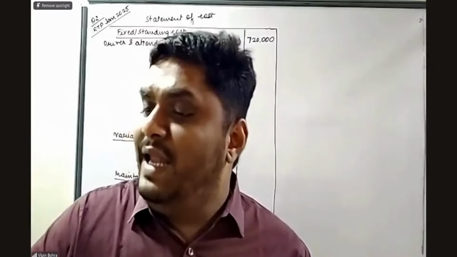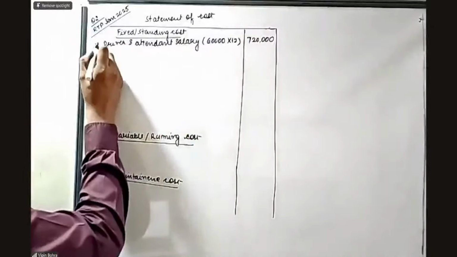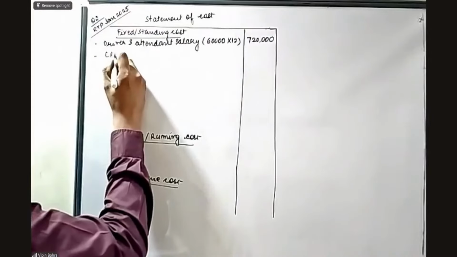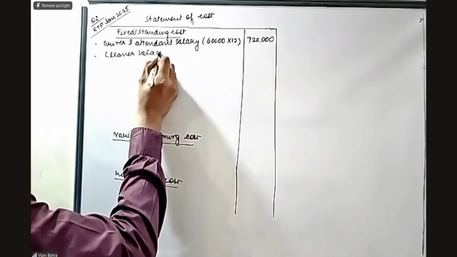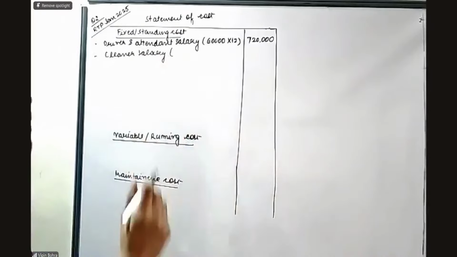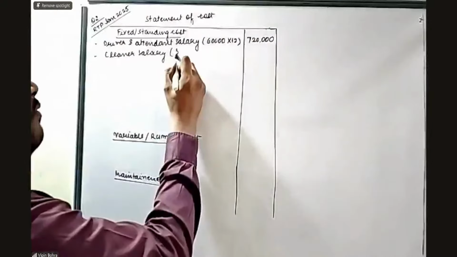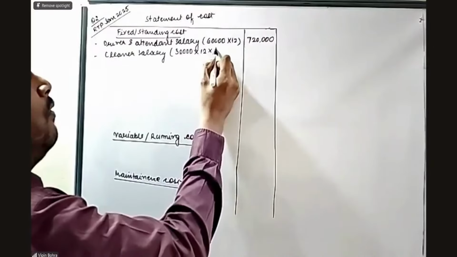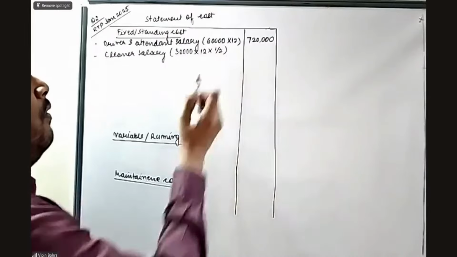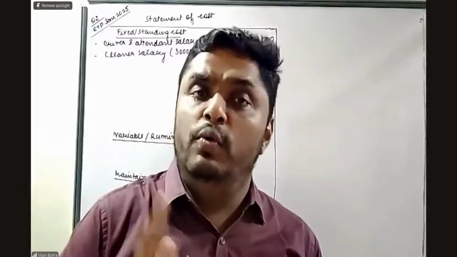Next is cleaner salary, and one cleaner is for two buses. Divided by two, because one cleaner is for two buses.